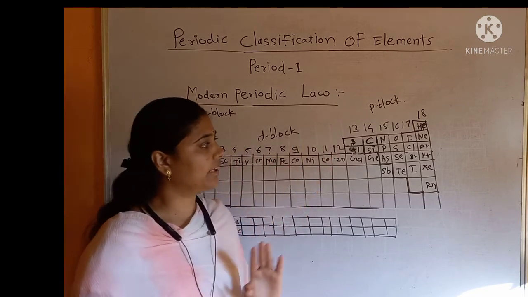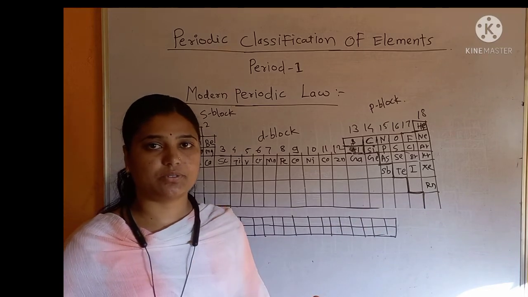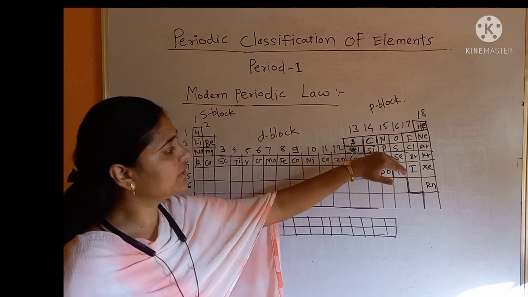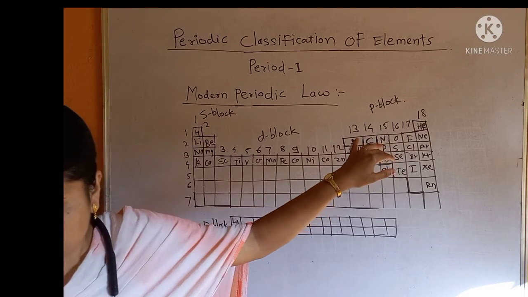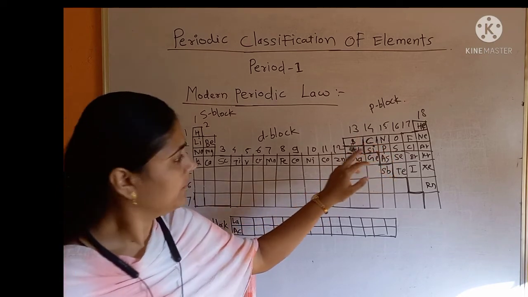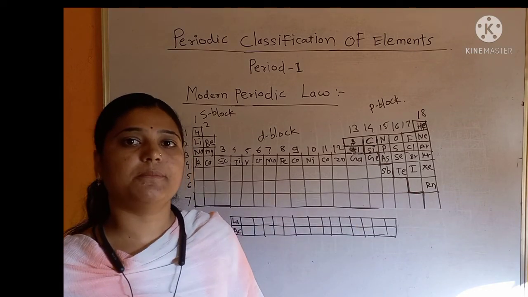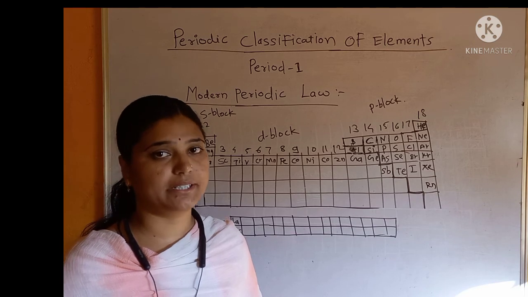So in the P block elements one zigzag line is present, and this zigzag line also shows a very important property of an element. Near this zigzag line, boron, silicon, arsenic, tellurium, the metalloids, are present. Metalloids show some properties of metals and some properties of non-metals. Basically semiconductors are present.